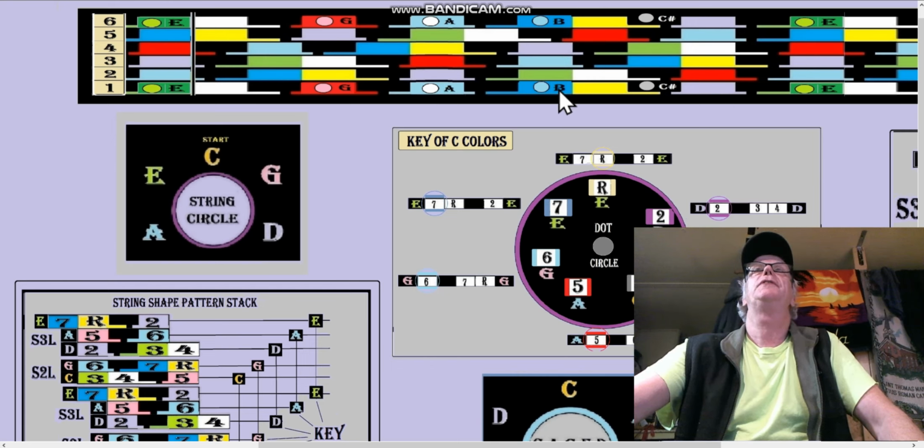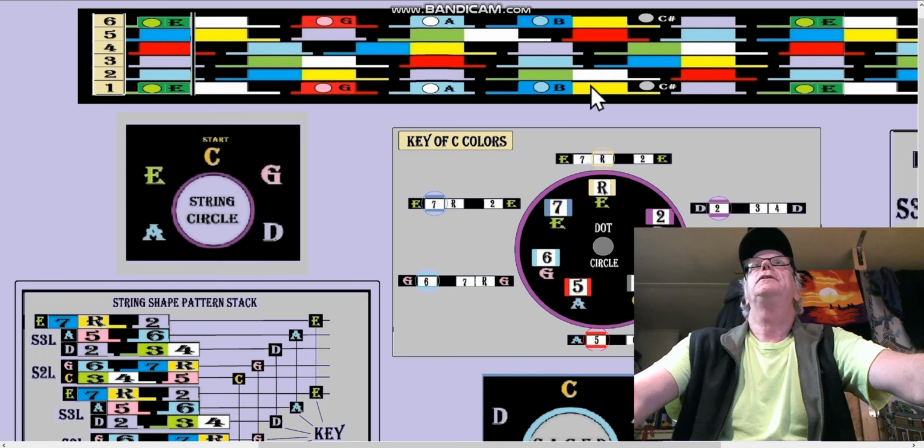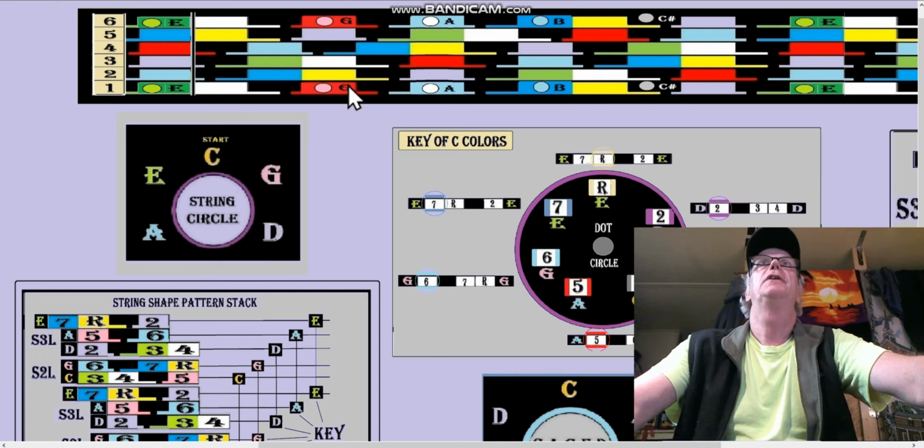The fourth of E is the A shape. So the E shape is 7 root 2 counting down. The fourth of E shape would be the A shape, the 6, 5 there.